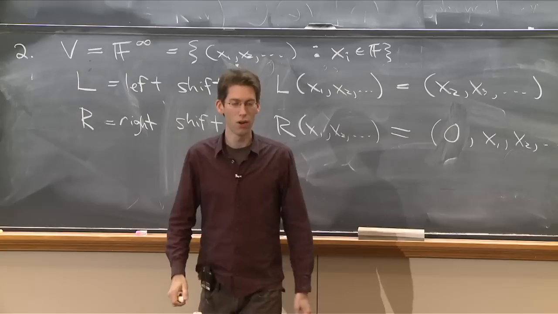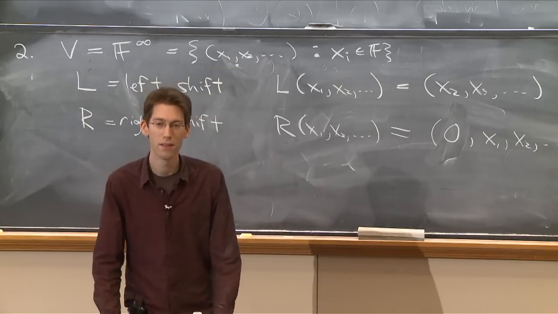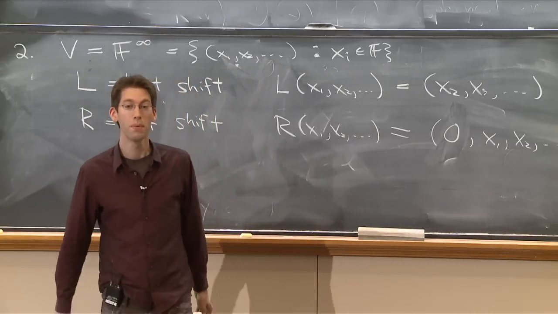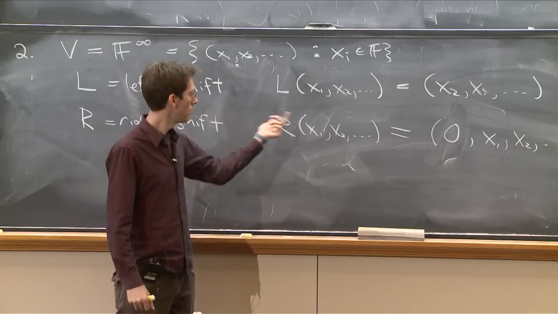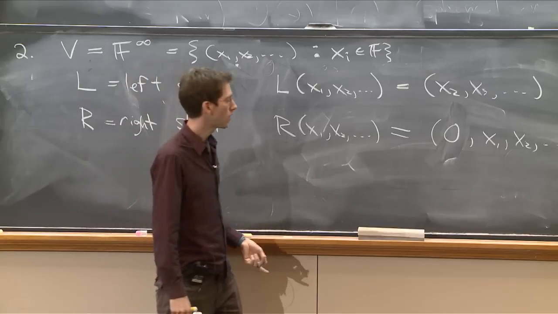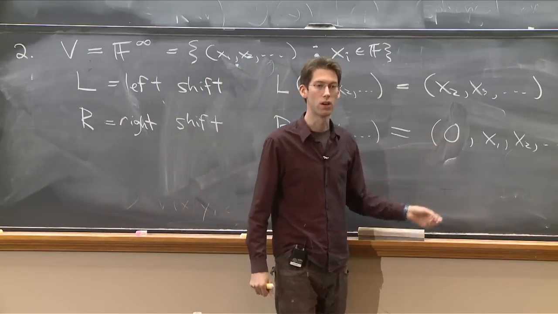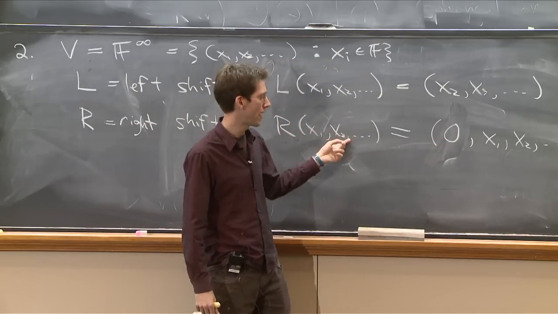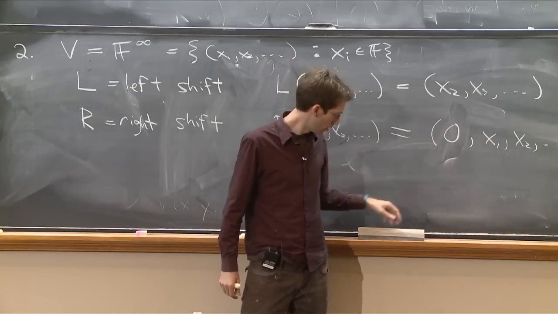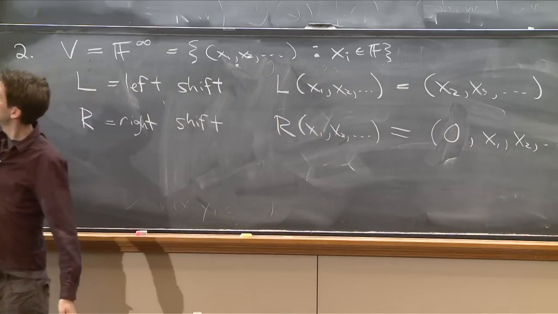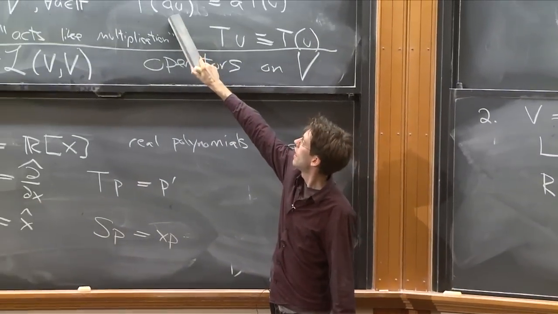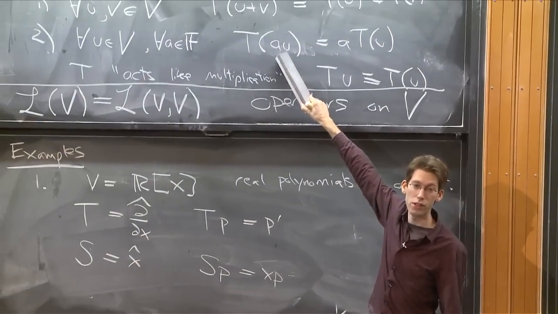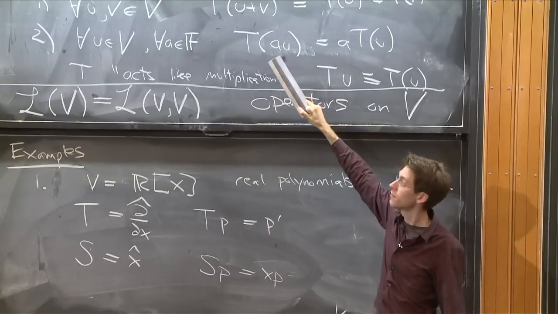And why should that be 0? Otherwise, it wouldn't be linear, right? So imagine what happens if you apply the right shift to the all 0 string. If you were to get something non-zero here, then you would map the 0 vector to a non-zero vector. But by linearity, that's impossible, because I could take any vector and multiply it by the scalar 0, and I get the vector 0.